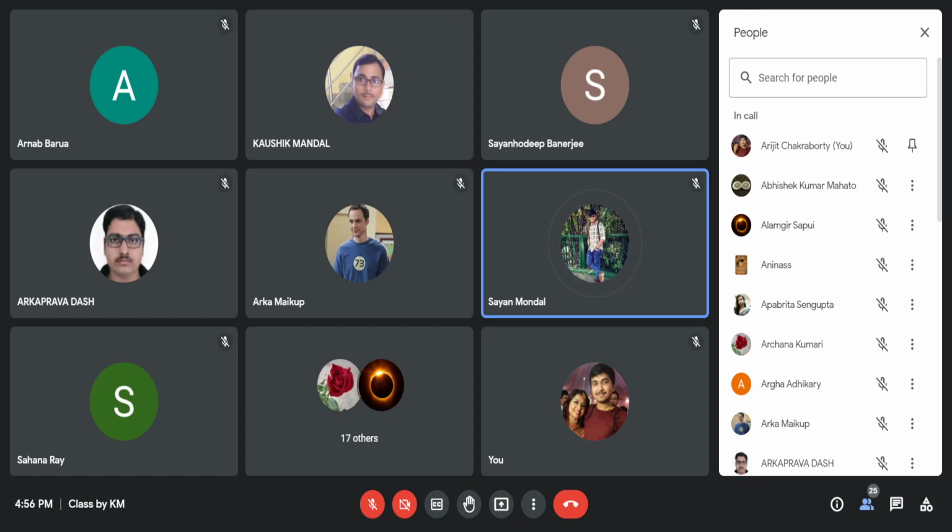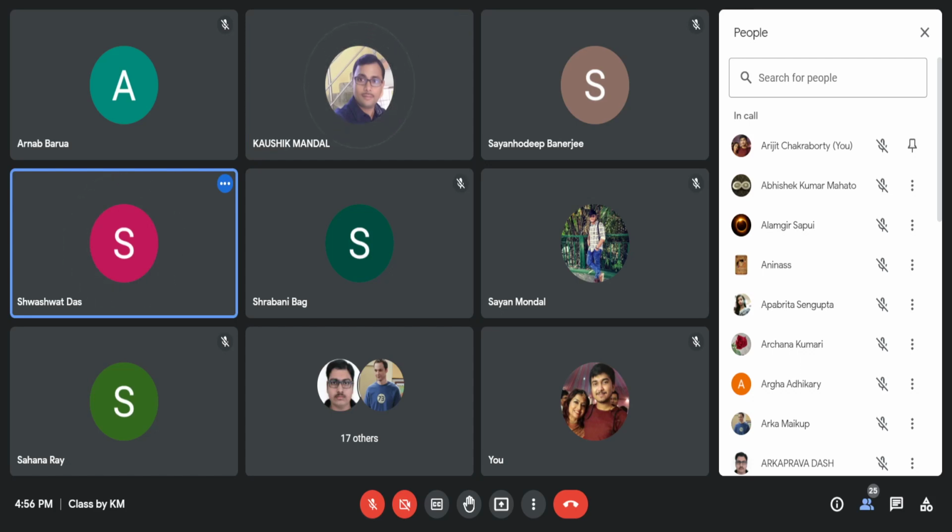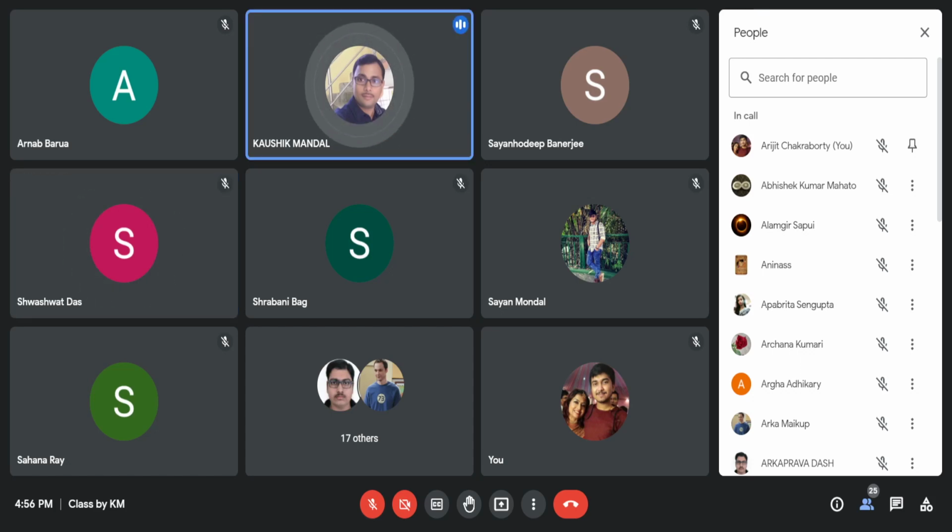Present, sir. Shayandip. Present, sir. Sabuni. Present, sir. Shashwato. Present, sir. Shobhik Chatterjee, absent. Next, Shaurodip.